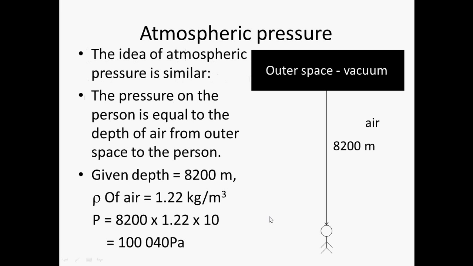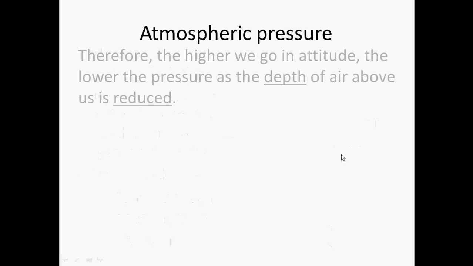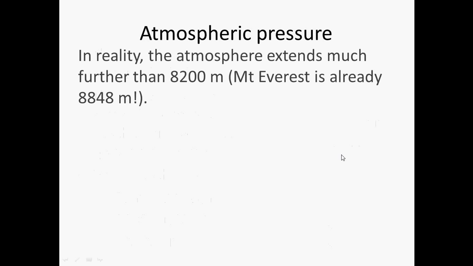But if you look at this analogy, it doesn't seem to be the full picture, because air cannot be so short, because the highest mountain is even higher than 8,200 meters. So what's the reason? In reality, the atmosphere extends much further than 8,200 meters.